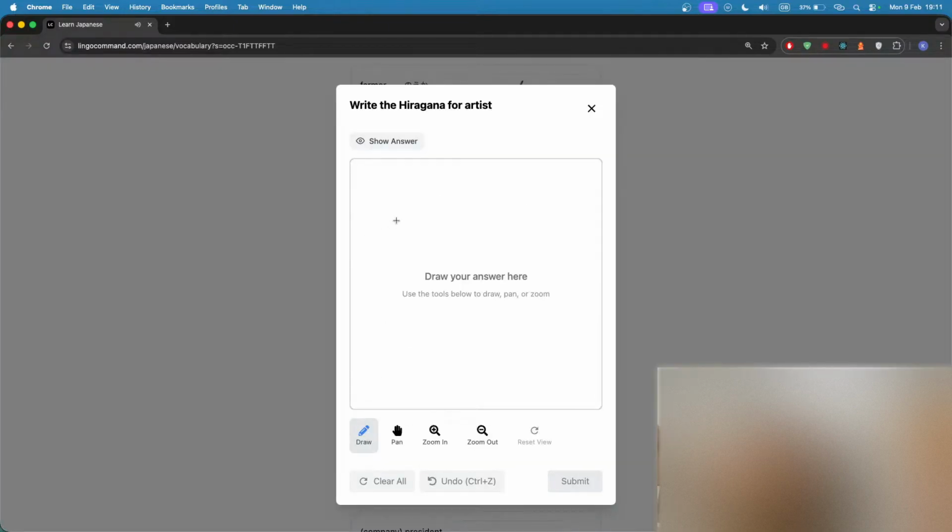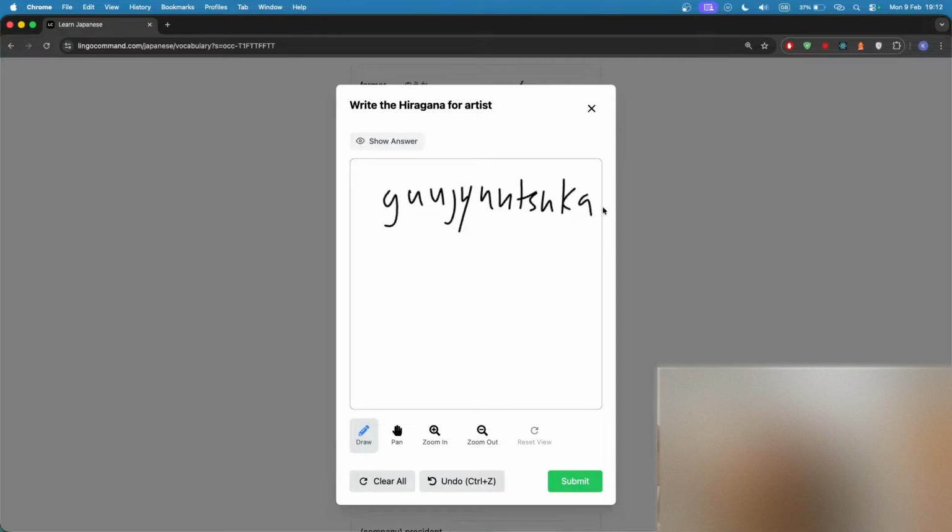Artist is... oh, this is tricky. Something like gyu. Something like gei ju tsuka. Oh, it's geijutsuka. So I think this is ke.